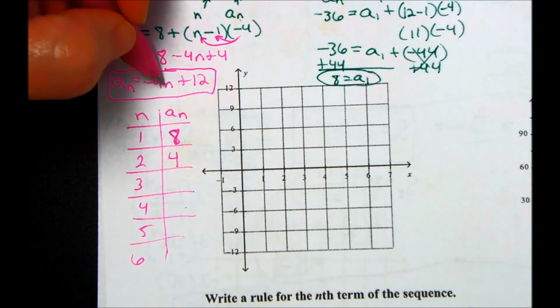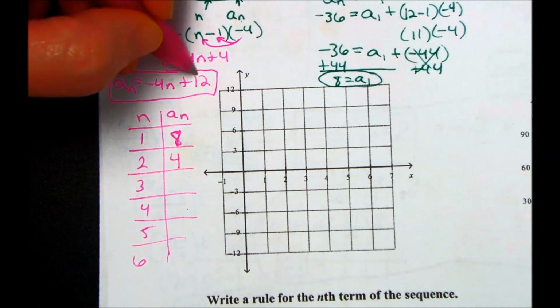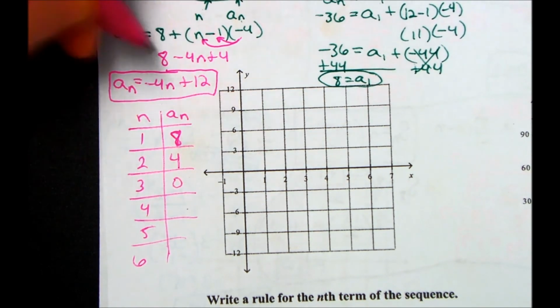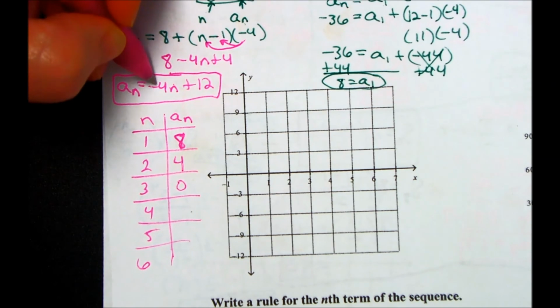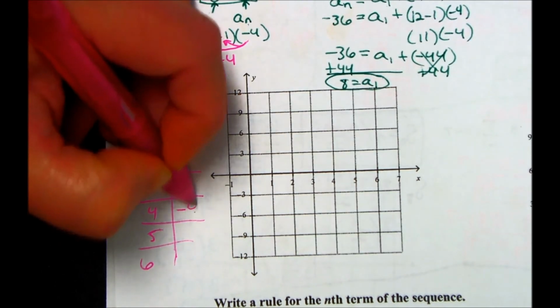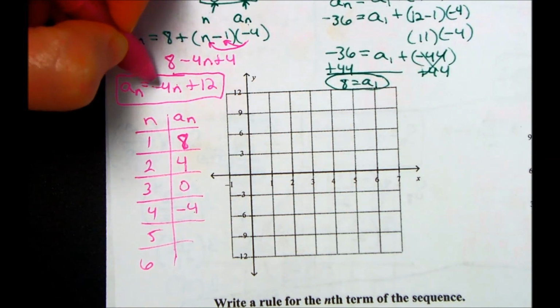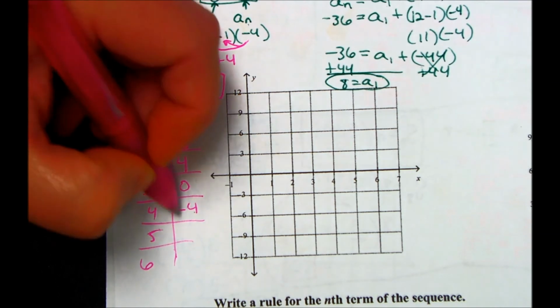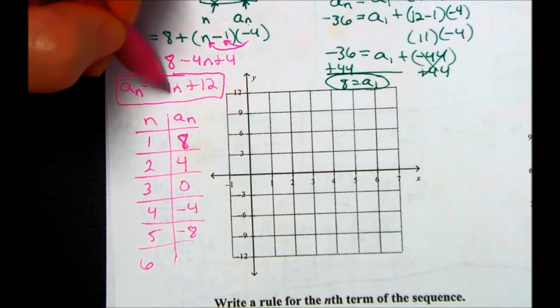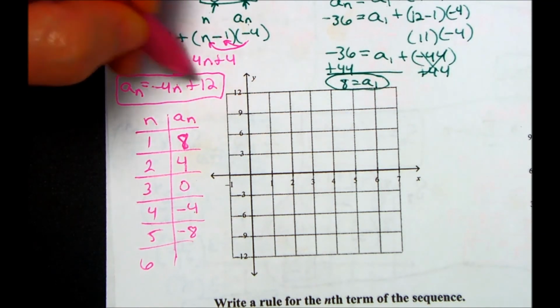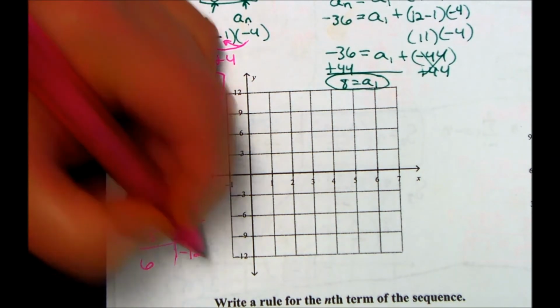If I substitute 3, times negative 4 is negative 12, plus 12 is going to be 0. 4 times negative 4 is negative 16, plus 12 is negative 4. 5 times negative 4 is negative 20, plus 12 is negative 8. 6 times negative 4 is negative 24, plus 12 is negative 12.